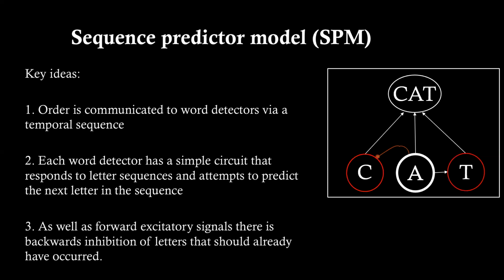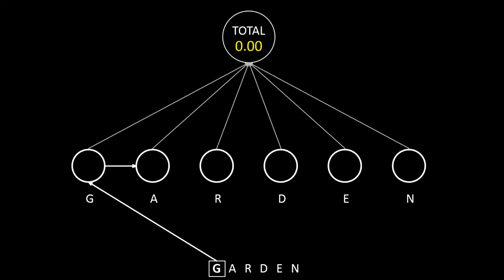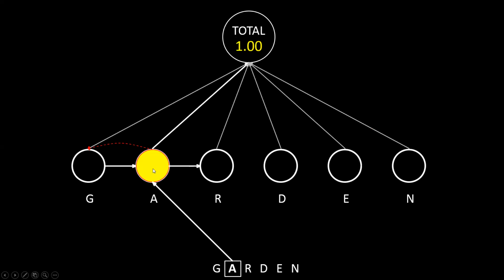Now, on the next few slides, I have some animations of some receiver circuits. So here we're looking at the word detector for the word garden. And in this first example, the input stimulus is the word garden. And so when we have the G, that leads to a prediction that the next letter should be A. And that prediction is confirmed.